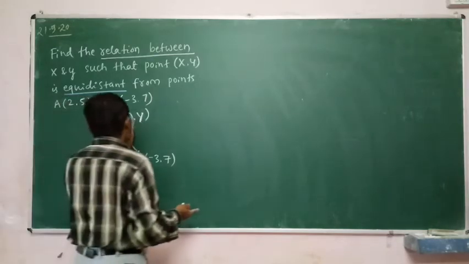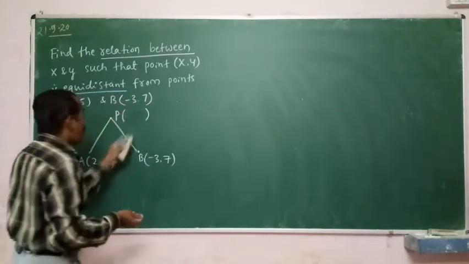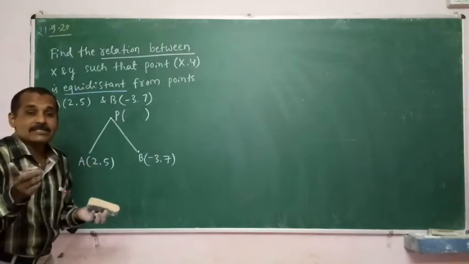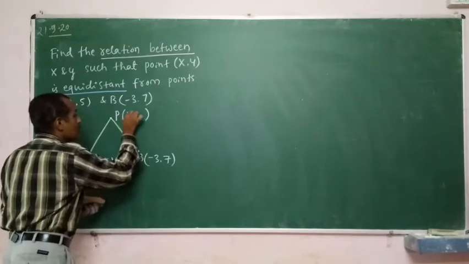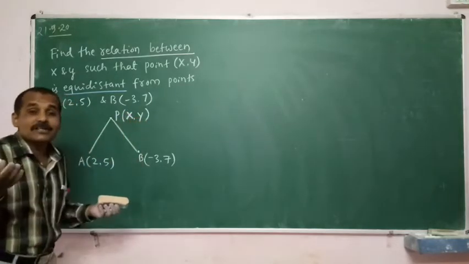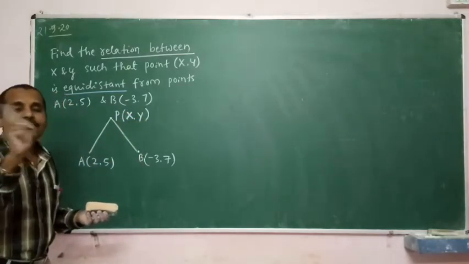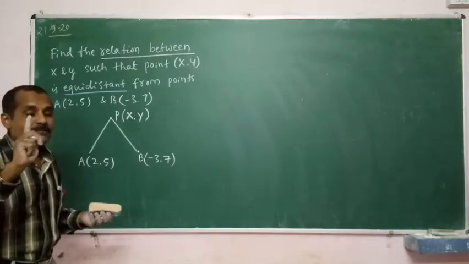But now they say the point is neither on the x-axis nor on the y-axis. It is in the plane, with coordinates (x, y). How many unknowns are there? Two unknowns, so you can't find the values of x and y.